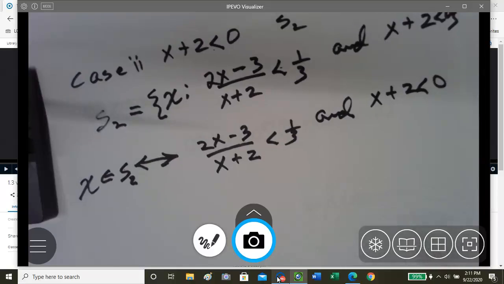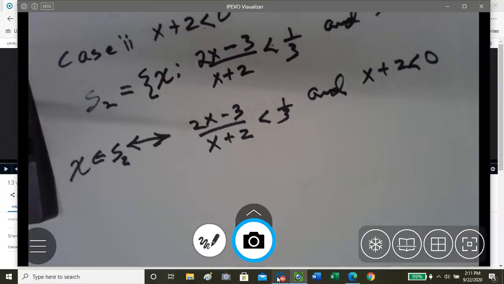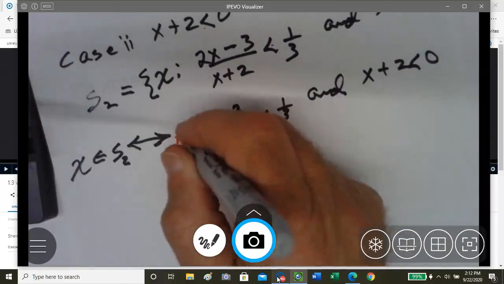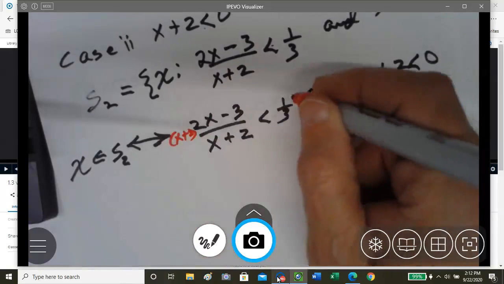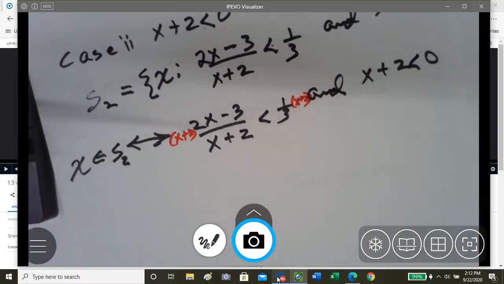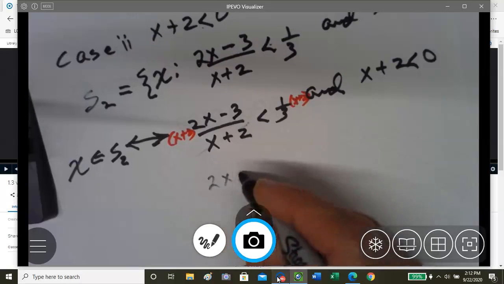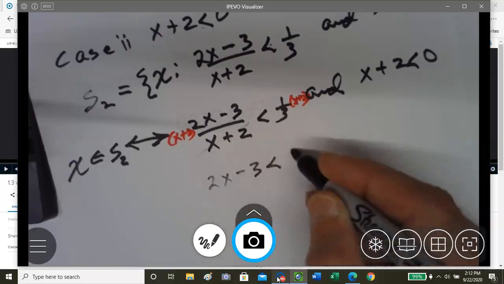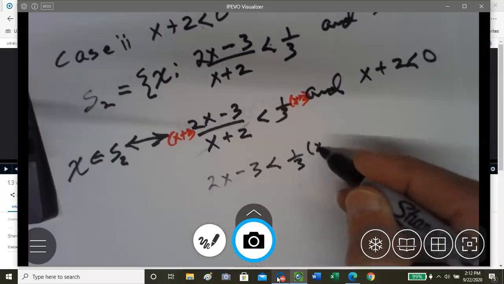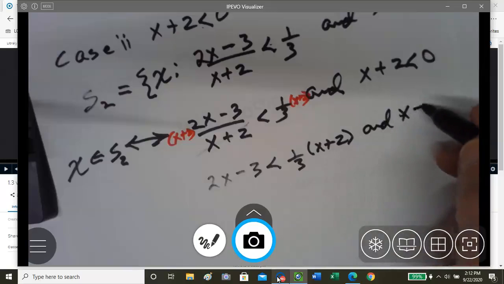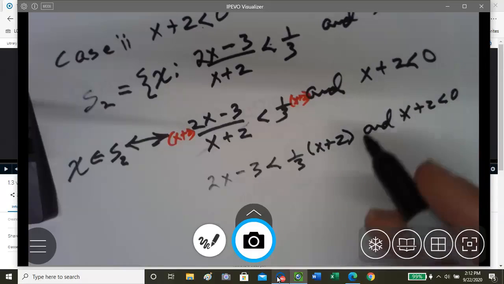Okay, so we solve again. Basically the steps are almost identical. We're going to multiply out the denominator, x + 2, that cancels out with that, and we get 2x - 3 is less than 1/3 (x + 2), and x + 2 is less than 0.